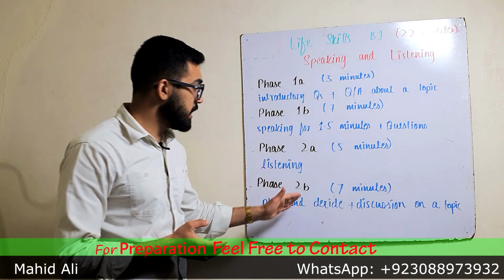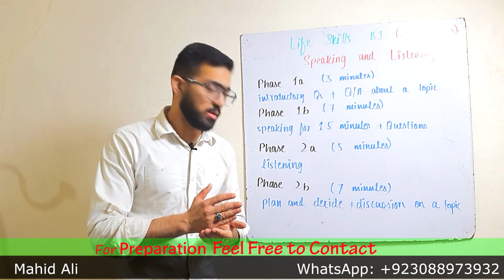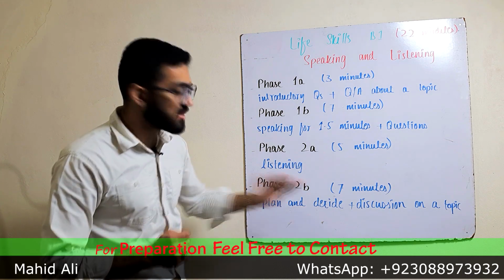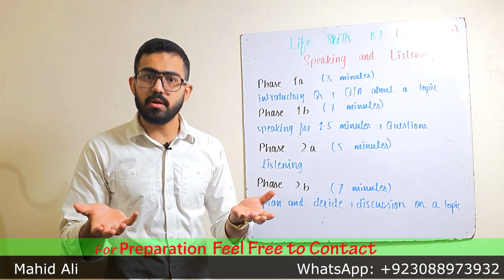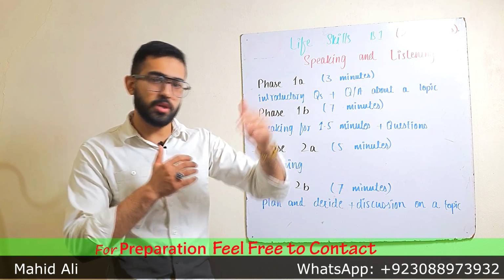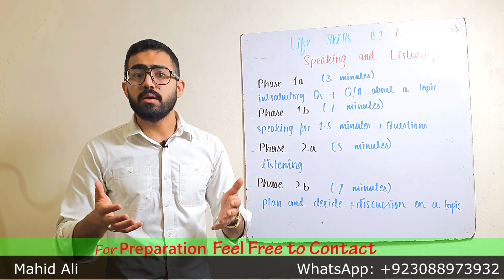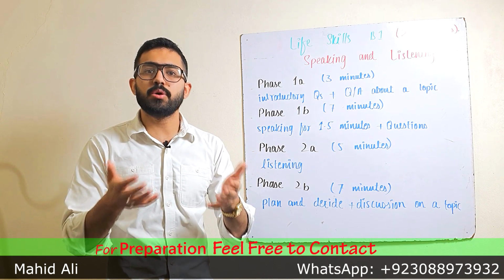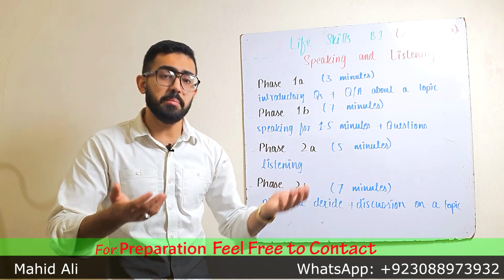Now phase 2B has 2 further parts. In part 1, you're going to plan and decide something. You will be given some prompts from which you will have to decide something and plan something. Let's say the examiner tells you that you are planning a trip that you're going on with your family.